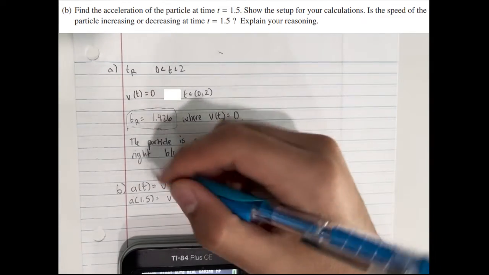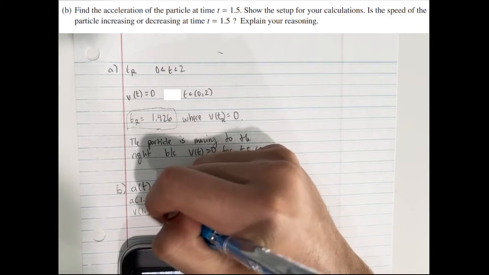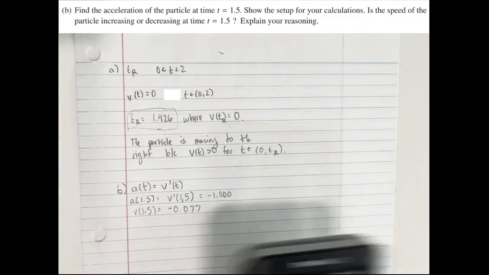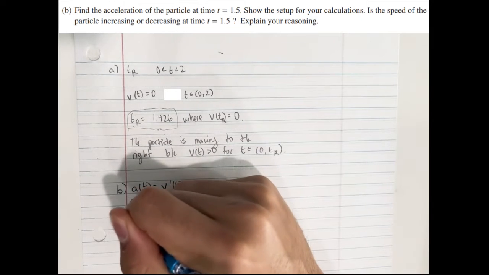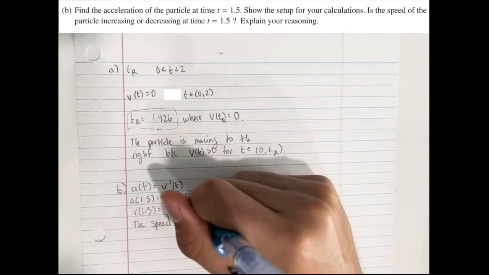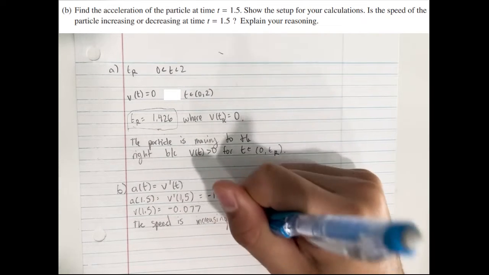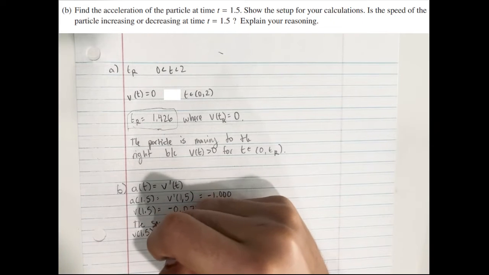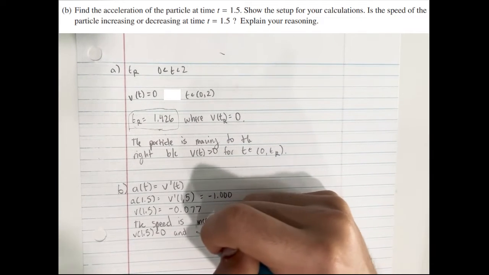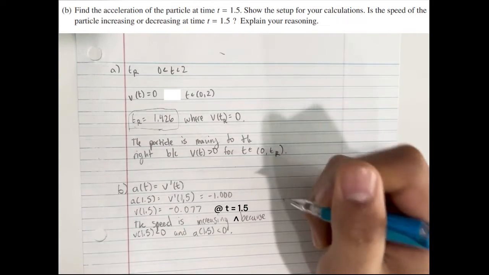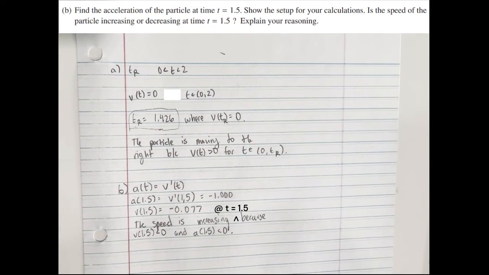So I'm going to say that v of 1.5 equals negative 0.077. So then I'm going to say that the speed is increasing because v of 1.5 is less than 0 and a of 1.5 is less than 0. So speed is increasing when velocity and acceleration have the same sign, and it's decreasing when they have opposite signs.